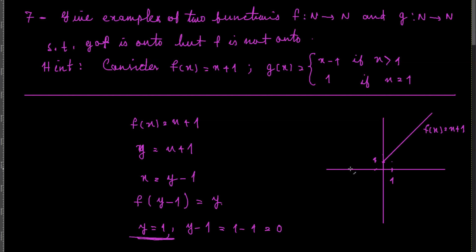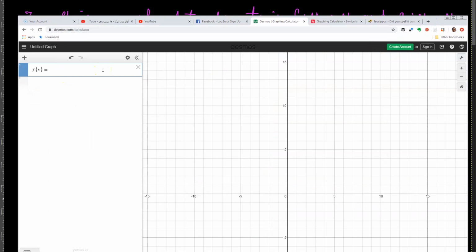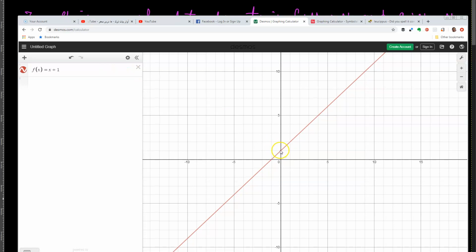Because if I do the graph here, what I will find is that f of x is equal to x plus 1, and then the graph is actually right. So the graph, as you can see, goes from this is 0, 1.